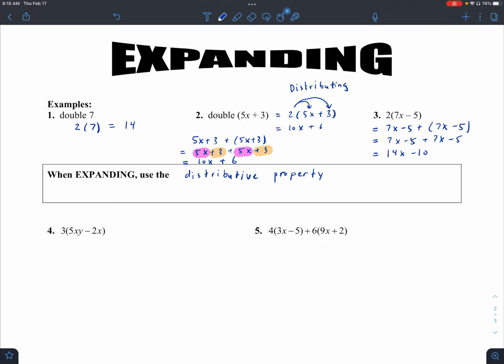So use the distributive property to multiply the numbers or the terms in the brackets by the number or term outside. It doesn't always have to be a number, it could be a term as well.